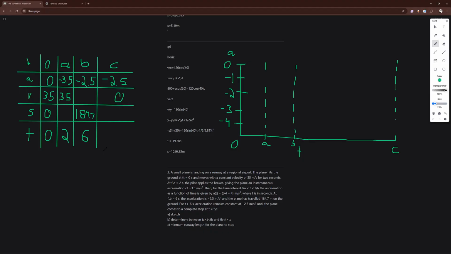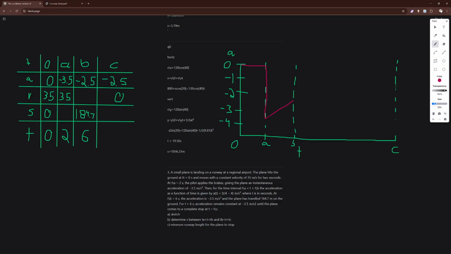Not yet though, because we can draw this graph. Acceleration starts at 0 for 2 seconds until A. And then it jumps down to negative 3.5. I should do a different color for this. Let's go pink. Acceleration starts at 0, jumps down to negative 3.5, and then builds up to negative 2.5 between A and B, because it's a function. All we know is that at time A it has to be negative 3.5.